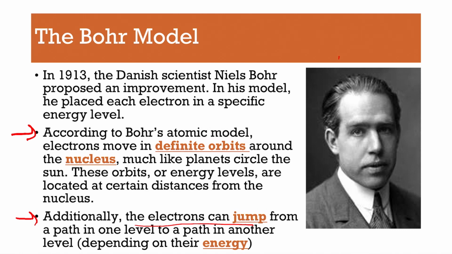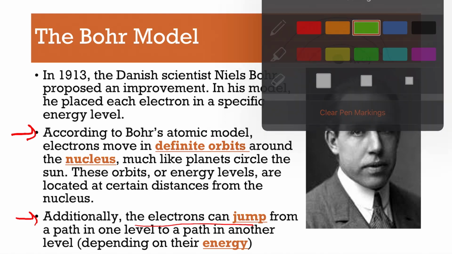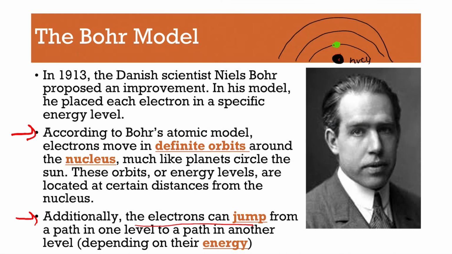So here's your nucleus. You have 1 energy level, 2 energy level, 3 energy level. You could have an electron here actually jump up and go back there and then come back down. So that's what he was saying.